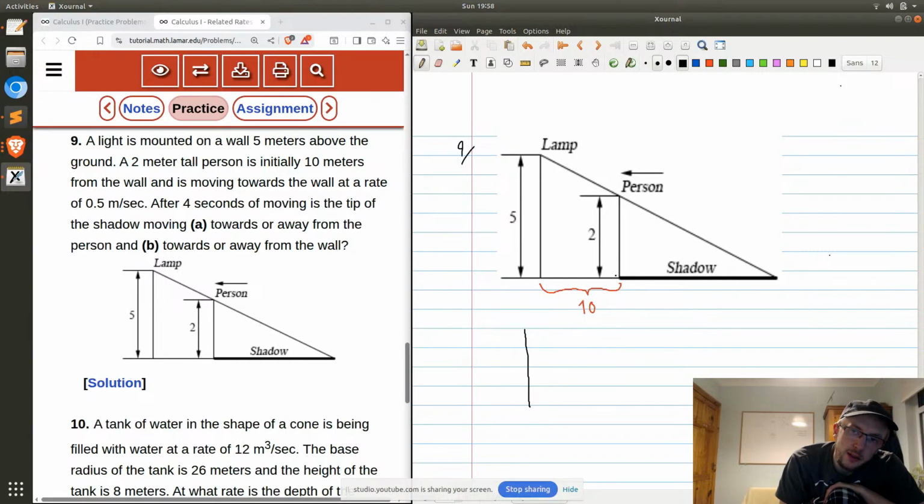So that's 40% of the height. So that'll be 40% of the length. And if 60% of the length is 10, then what you do is 10 divided by 6 and then times that by 10. You get 100 divided by 6.